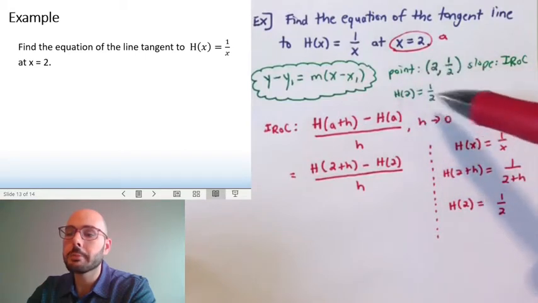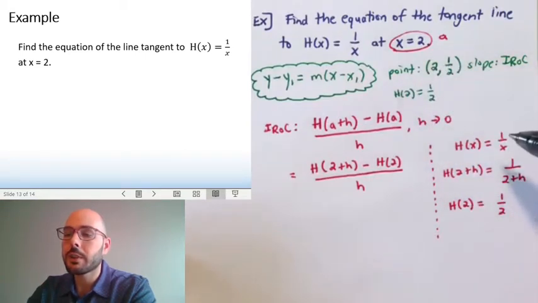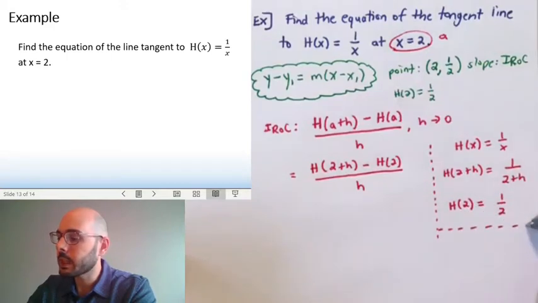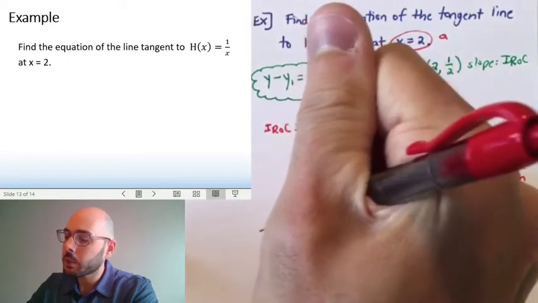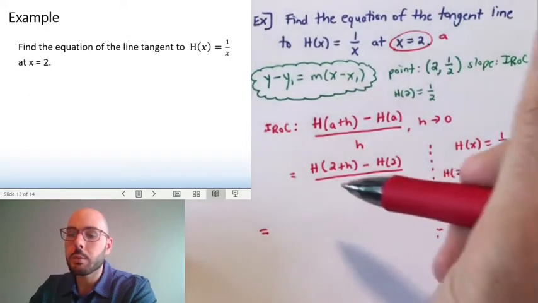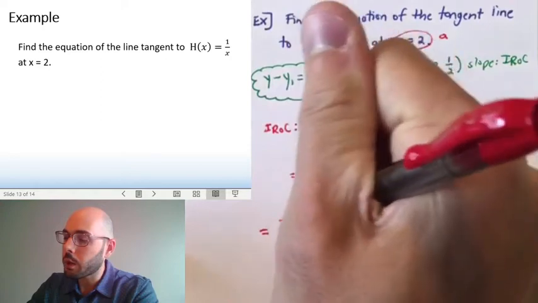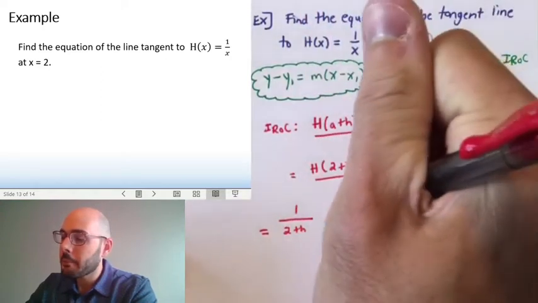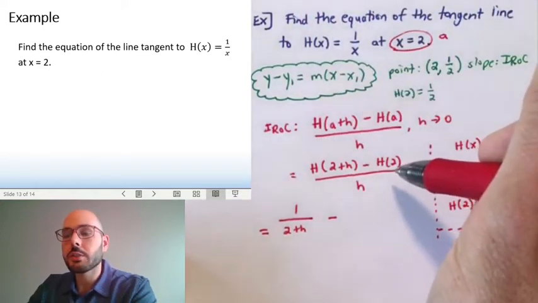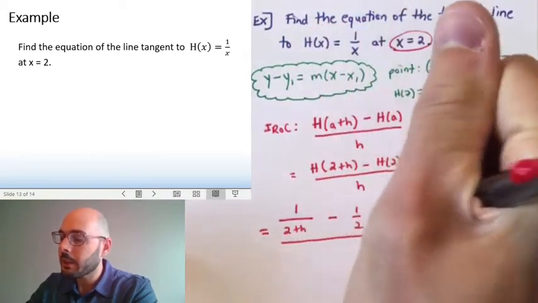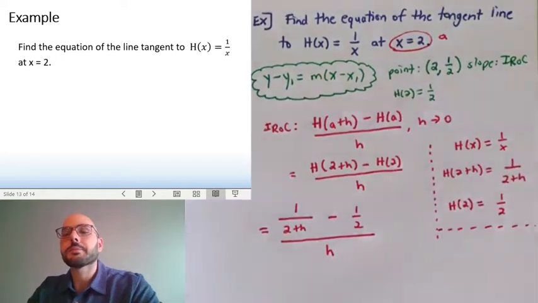We plugged 2 in, and when we plug 2 in for x, we get 1 over 2. And that's all we need. So let's go back to our formula, our neat work, and replace big H of 2 plus h with 1 over 2 plus h. Minus h of 2 is 1/2. So we have that. And this is all over h.